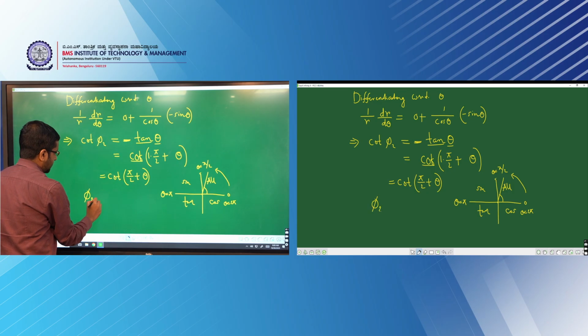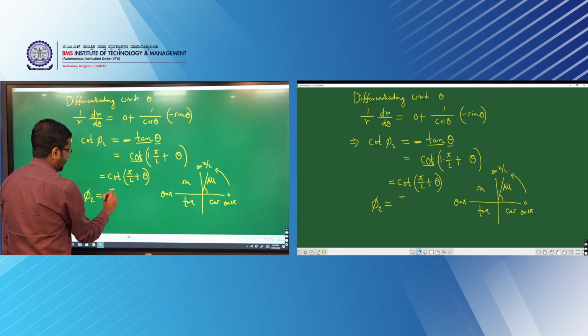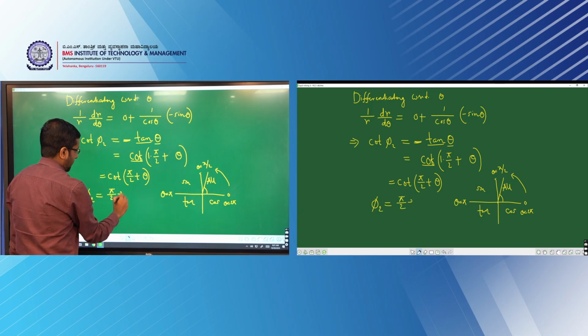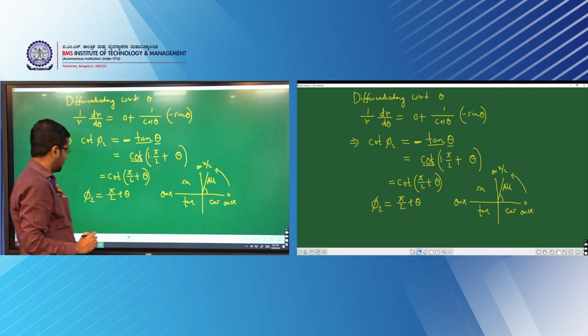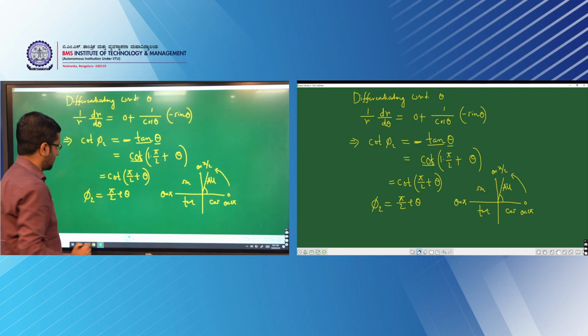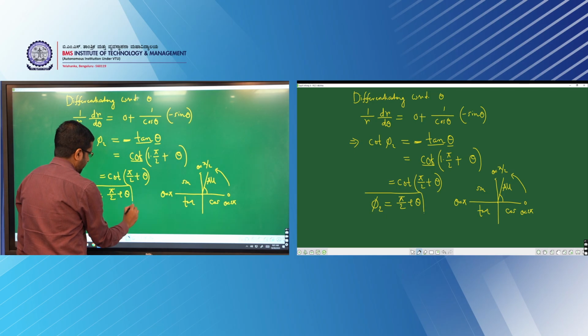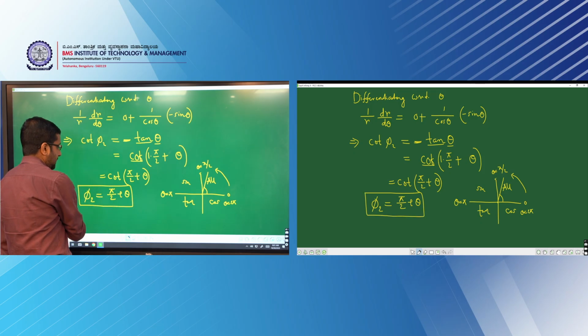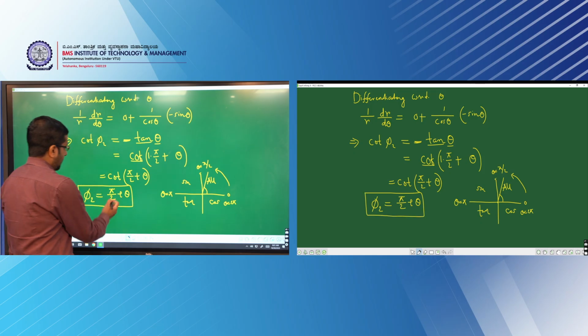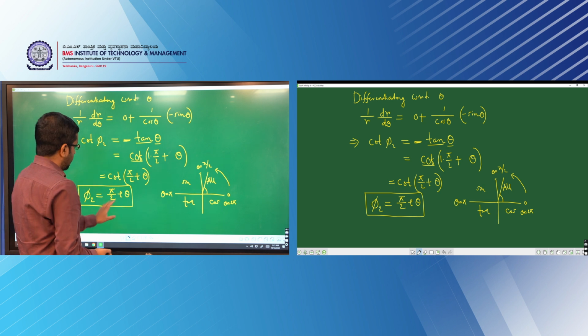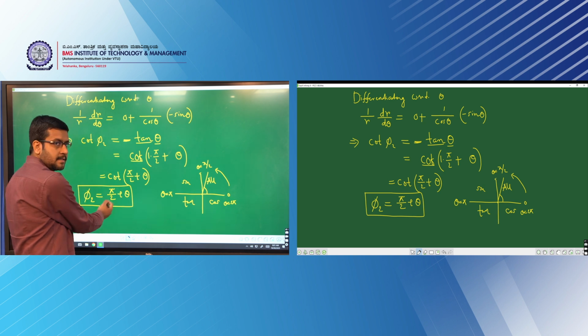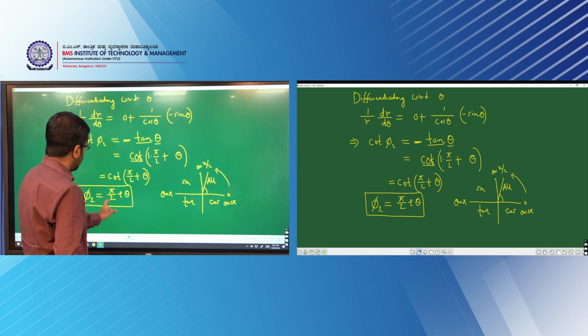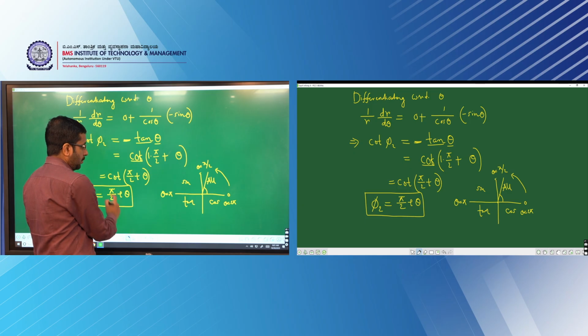So now I can easily equate phi 2 is equal to pi by 2 plus theta. I am getting this from the second curve. This is the second angle. The first angle I got was theta by 2, and the second angle I got is pi by 2 plus theta.